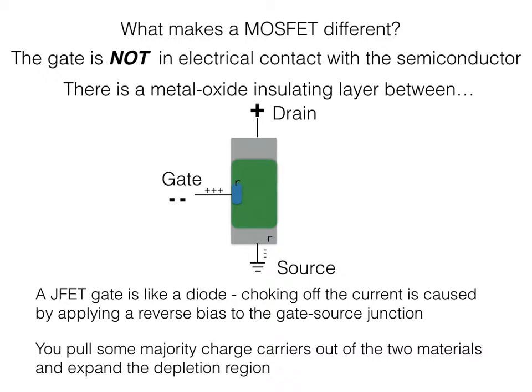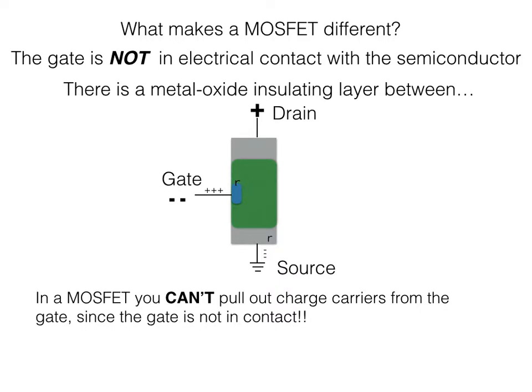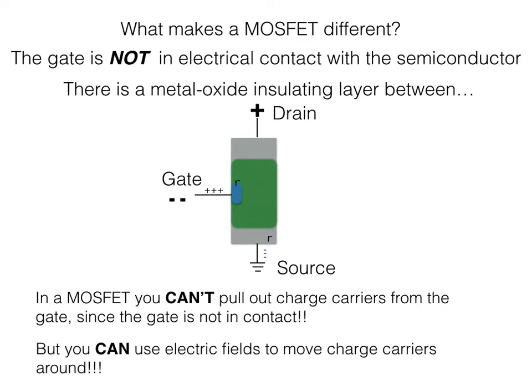And obviously, we can't run a current through the gate when we're reverse biased, but we can pull those charges out and sort of stretch the depletion zone much the way that we do in a diode. But that's only possible because the gate is actually in physical contact with the P material, the gate electrode. In a MOSFET, you can't do that. What happens instead is you're using electric fields to move charge carriers around.